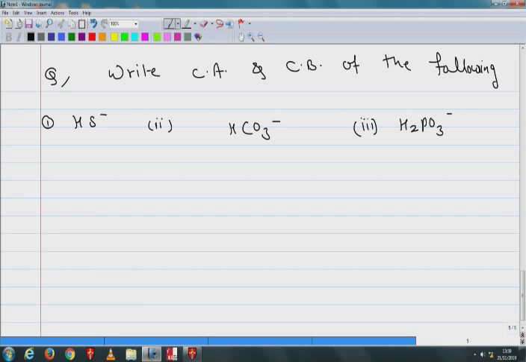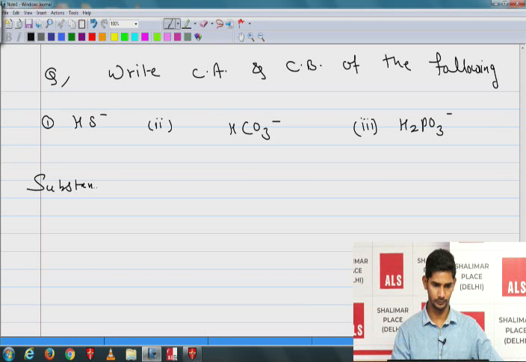Okay, so let's write the answer. Substance, conjugate acid, conjugate base. HS minus: conjugate acid H2S, conjugate base S2 minus. HCO3 minus: conjugate acid H2CO3, conjugate base CO3 2 minus.